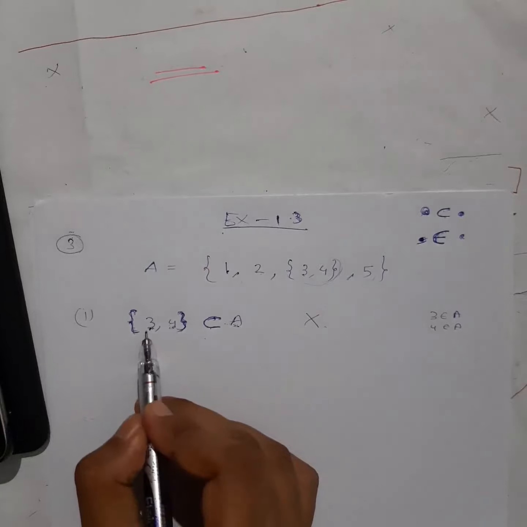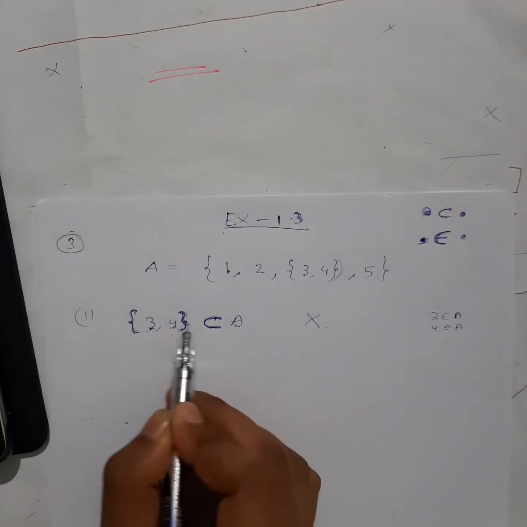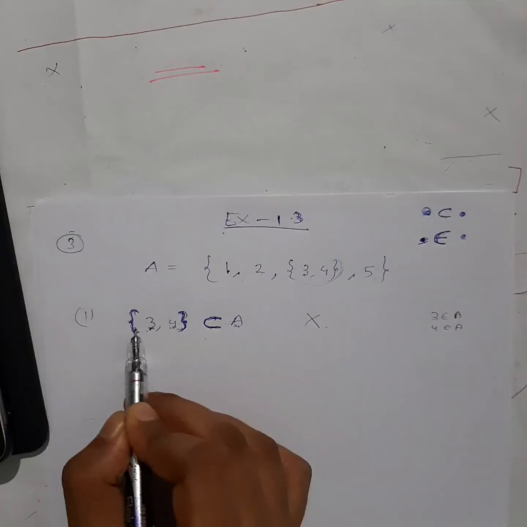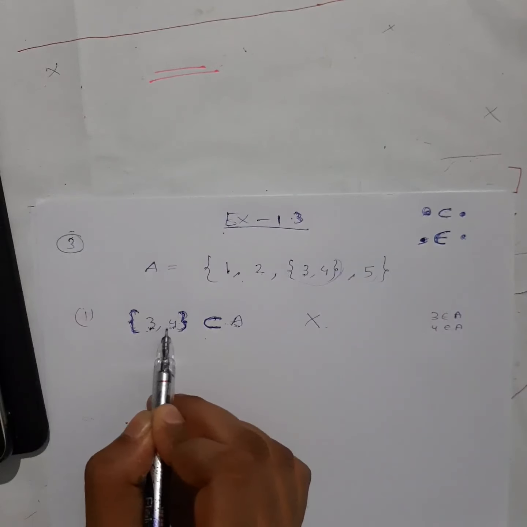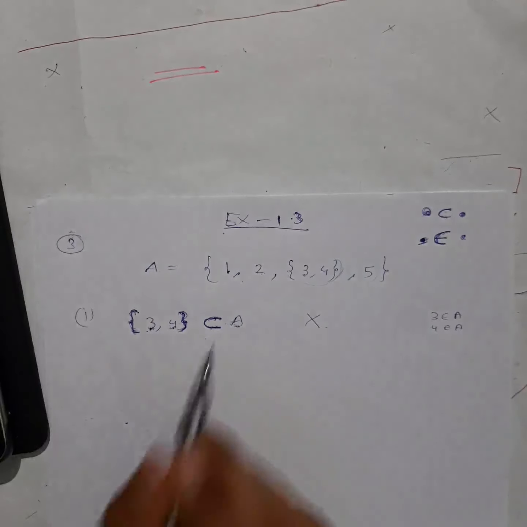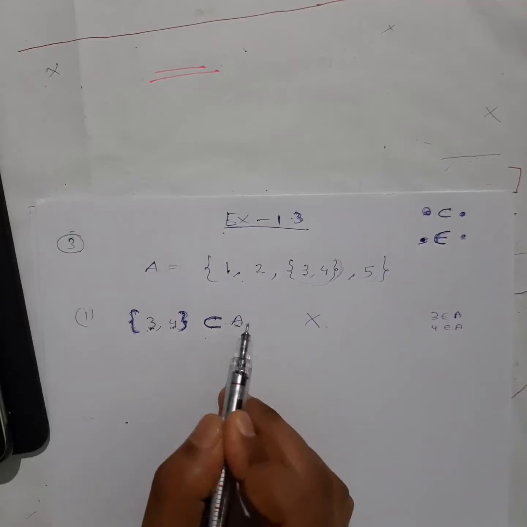So when you see this symbol, try to understand. This means subset, meaning the thing before it must obviously be a set. The set which you have, whatever elements are in it, those elements must be contained here as elements only. So 3 and 4 must be there in A as elements.